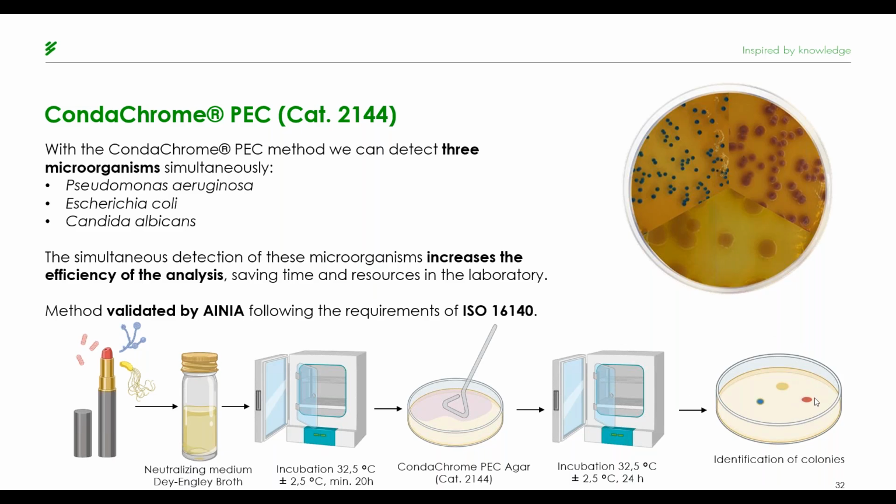The E. coli bacterium appears as red colonies. Candida albicans can be seen as blue colonies, and Pseudomonas aeruginosa produces yellow beige colonies. So the detection is very, very intuitive and very simple. And only in 24 hours, you can detect these 3 microorganisms.